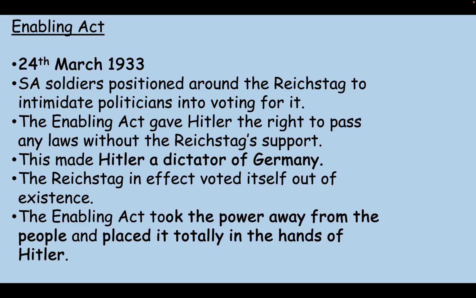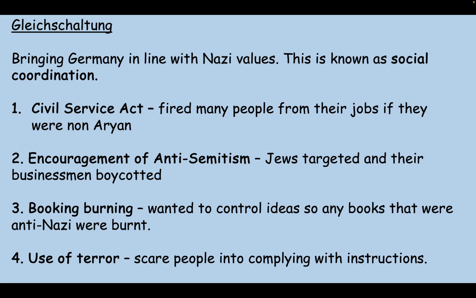So it takes the power from the Reichstag and puts it into Hitler's hands. So the people no longer have power because they can't vote for who they want in the Reichstag, because the Reichstag has been, in essence, closed in terms of its activity, and the power is placed in the hands of Hitler.